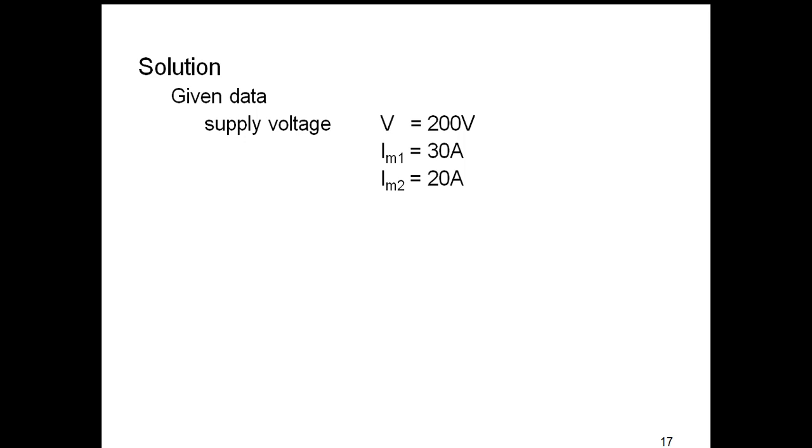The current IM2 is equal to 20 amperes and also given that IM3 is 1 ampere.